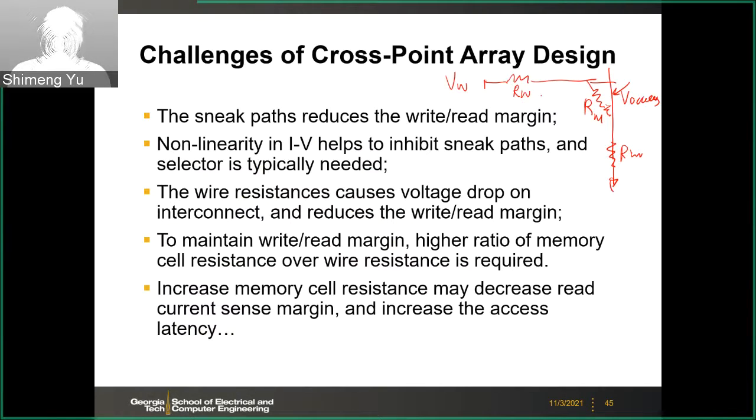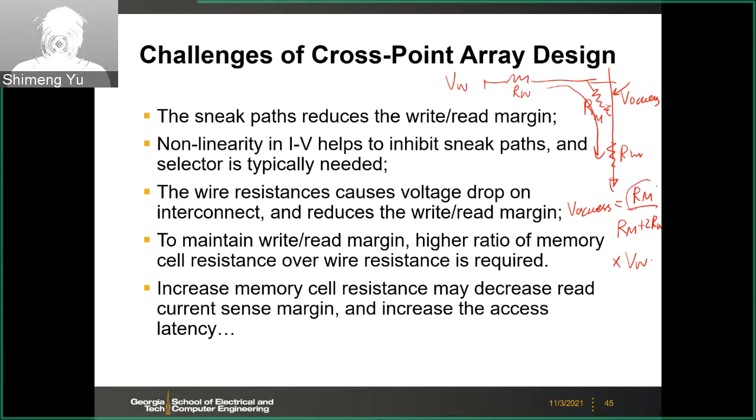If you ignore the sneak path and only look at the main path, then you can quickly get V access as R memory divided by the total, which is R memory plus 2 R wire, times your V write.